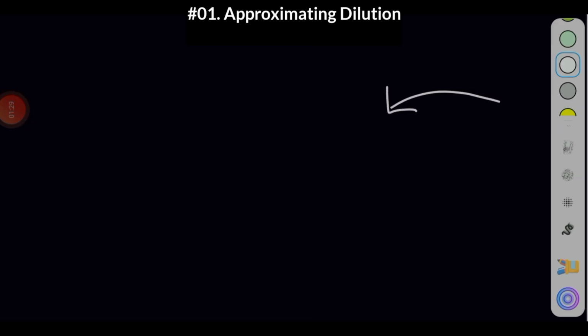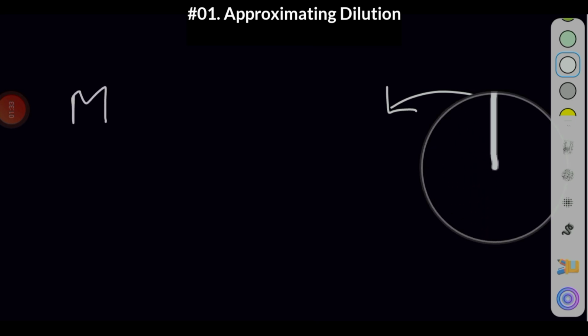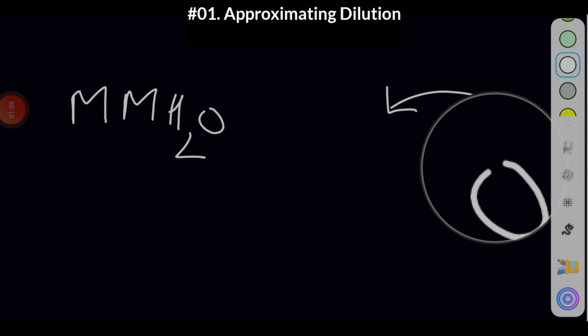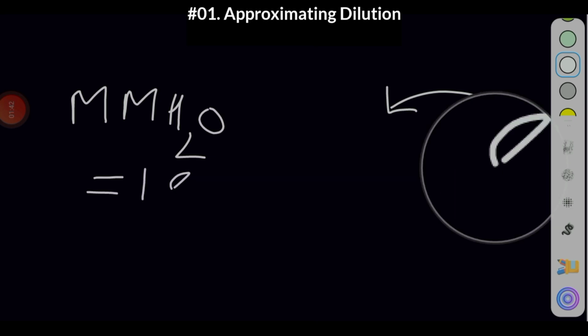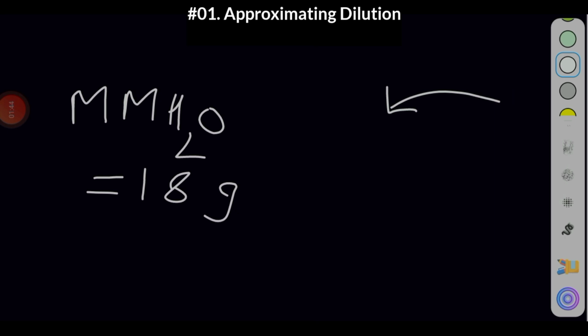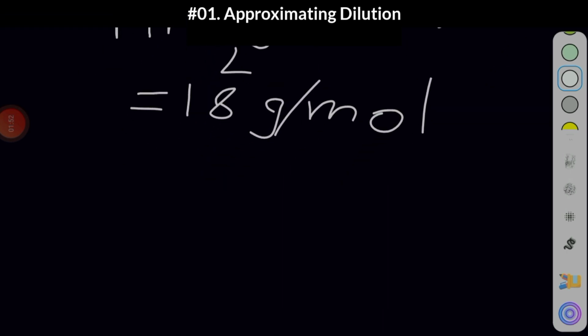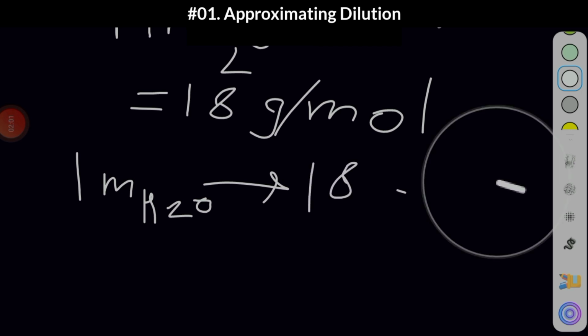Let's see the explanation. We know the molar mass of water is approximately equal to 18 gram per mole. That means 1 mole of H2O corresponds to a weight of 18 gram. So now the calculation is easy.